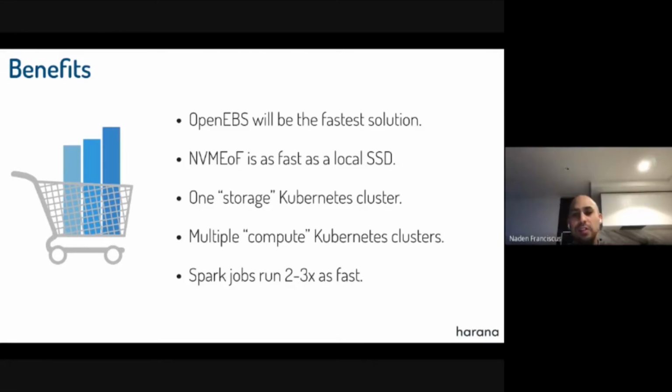On one hand it's okay to trade off the performance if you can get some features for it. But if you don't have either, it becomes a little bit difficult. But with OpenEBS, if the new storage engine lives up to its potential, it'll be a no-brainer to use it at this point.